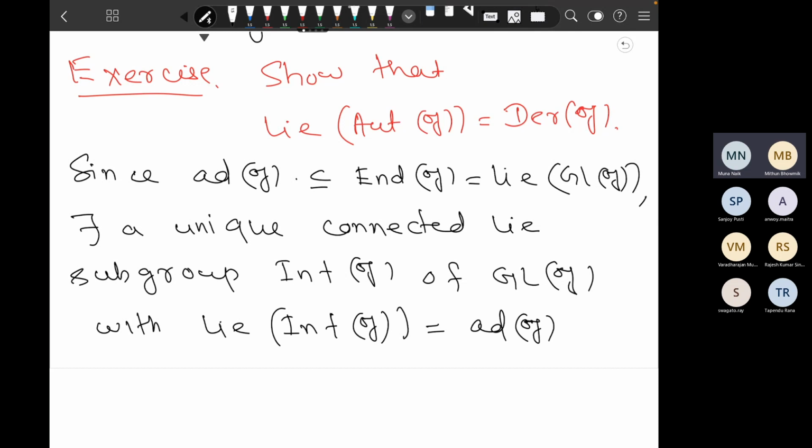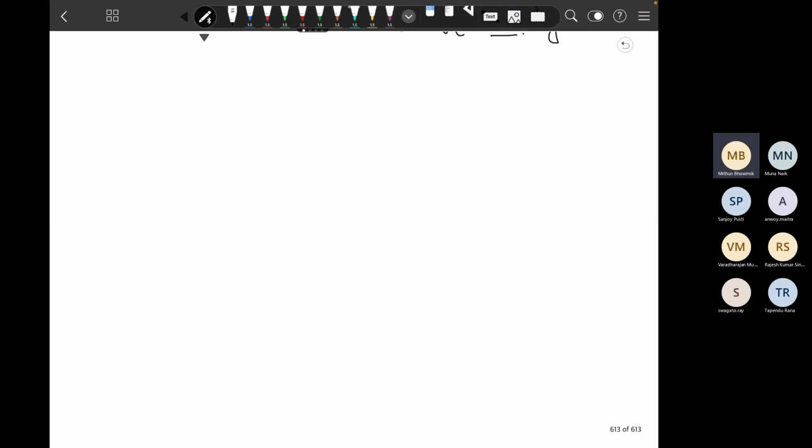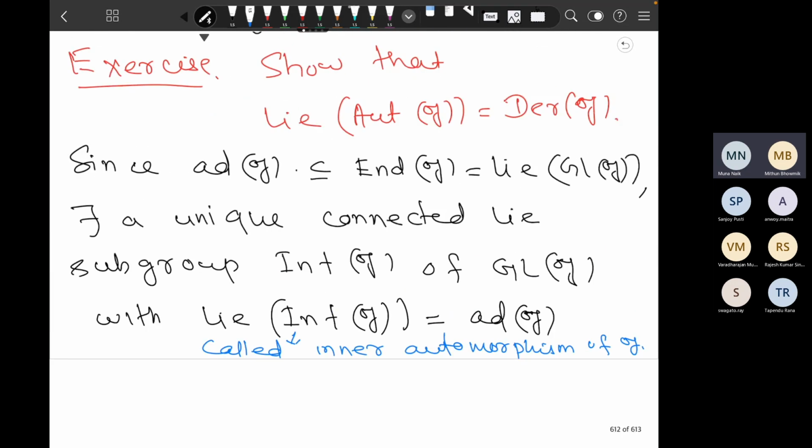So Int g is called the set of all inner automorphisms of g. These are called inner automorphisms of g. Okay. So this is the thing.